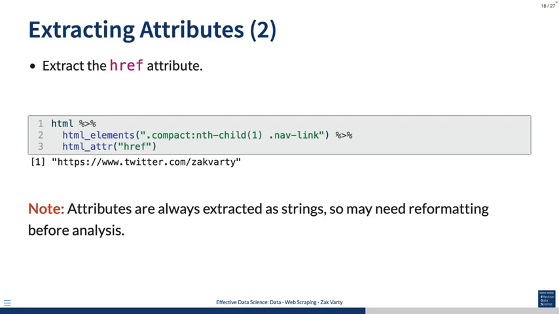If you're extracting an attribute that describes a quantity, so this is things like the width of an image, you'll need to convert that from a string into your required data type. So you might have to use as.integer, to convert your image width measured in pixels into an integer that R can work with.